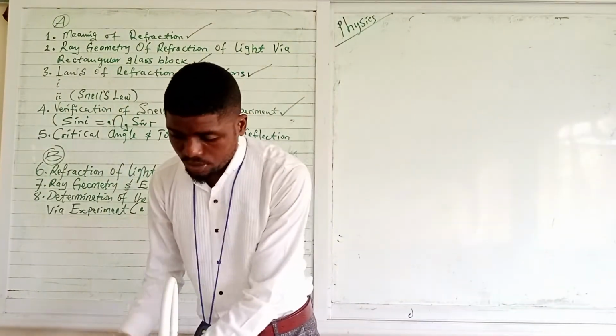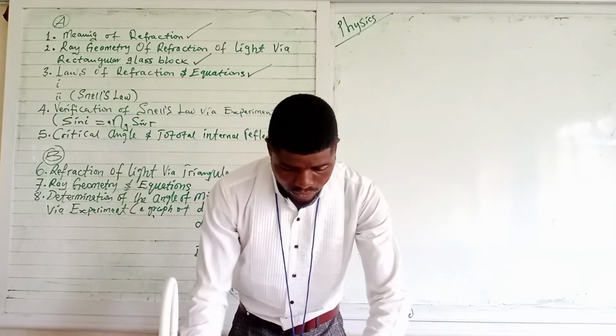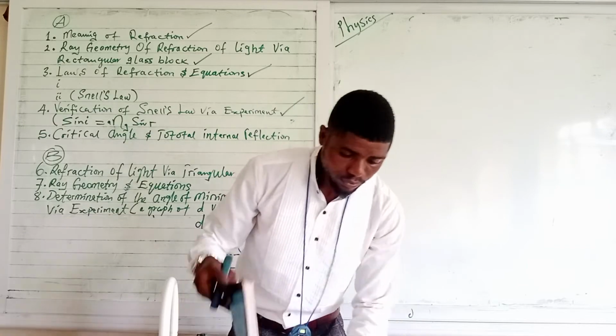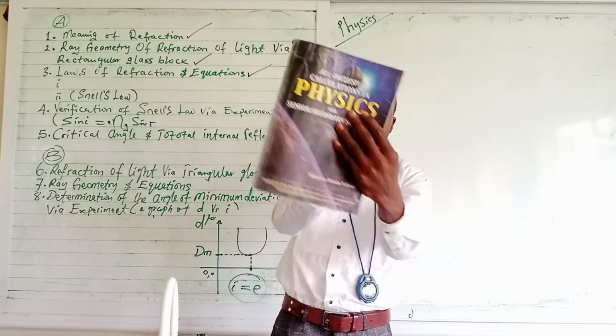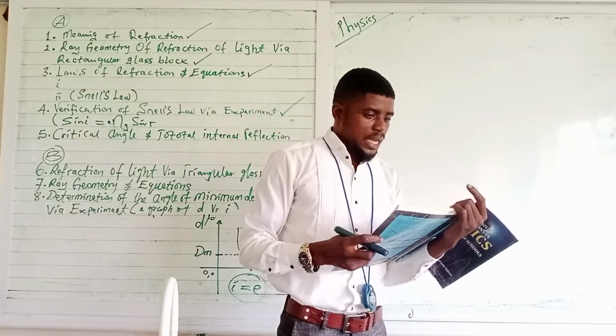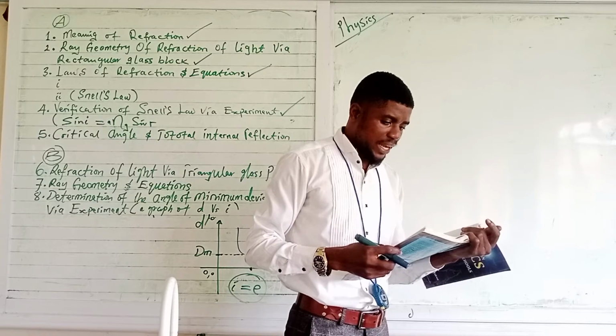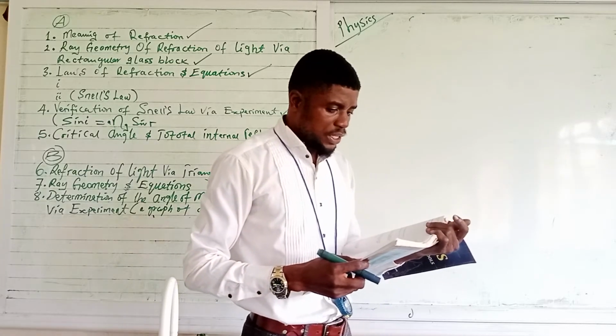Bring out your calculator and let's do something quickly. I am making use of this textbook, exercise 14, page 306, question number 1. A ray of light is incident on a body X, as shown in the diagram below.